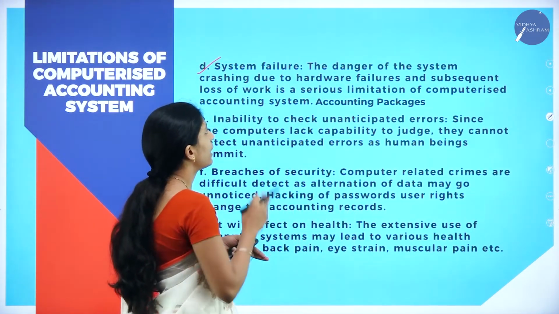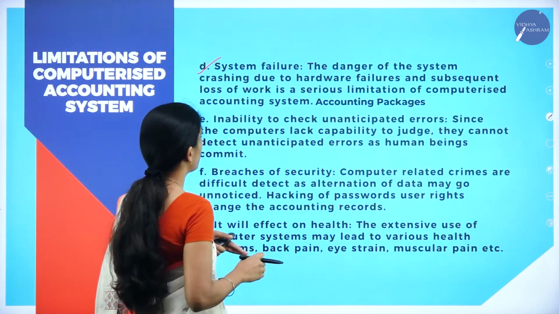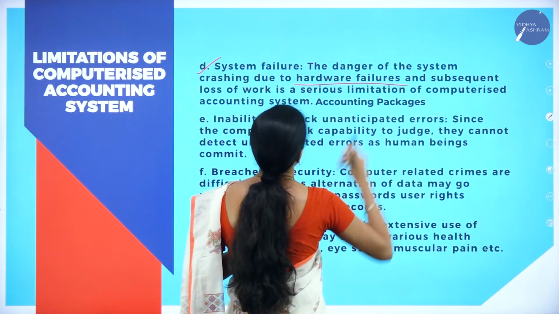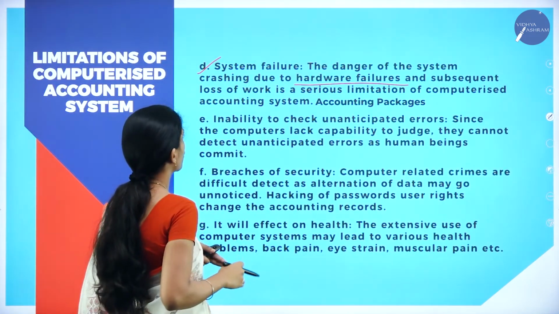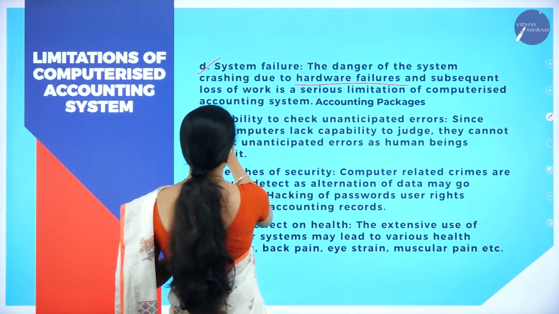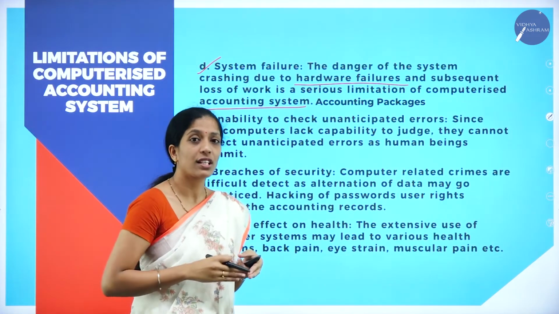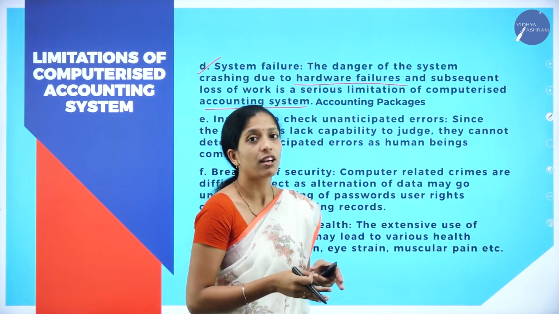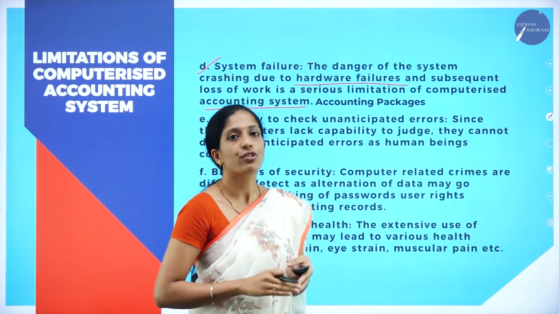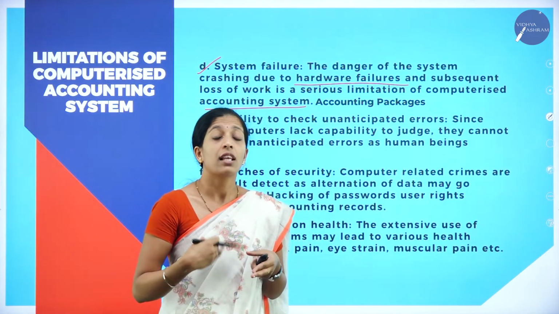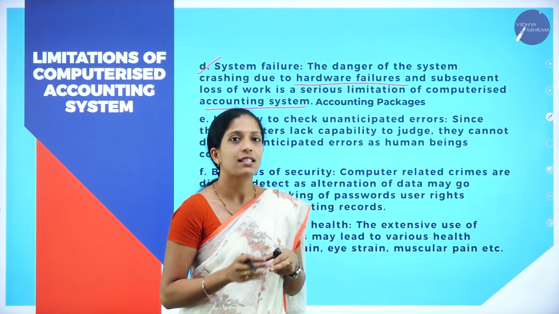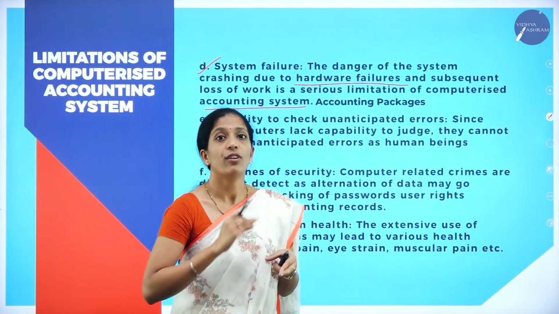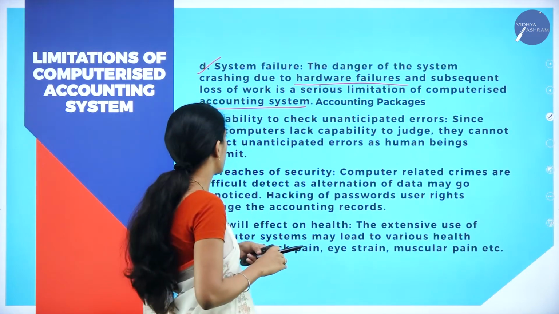The danger of system failure due to hardware failures and subsequent loss of work is a serious limitation of computerized accounting system. So this loss of information from the system is also a serious limitation because there is no physical storage of information. In that case, there may be chances of loss of data or information.